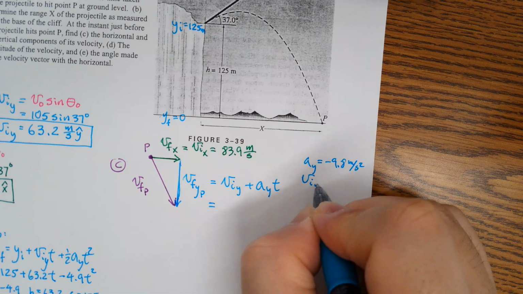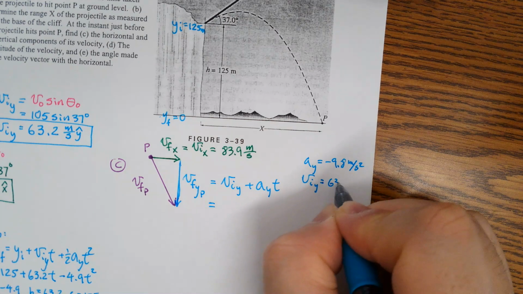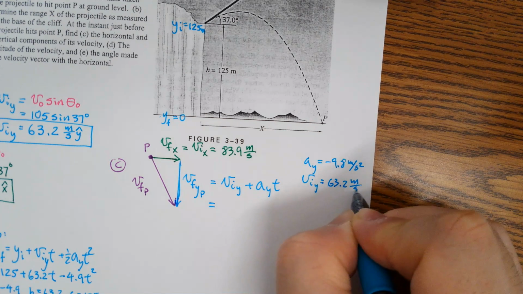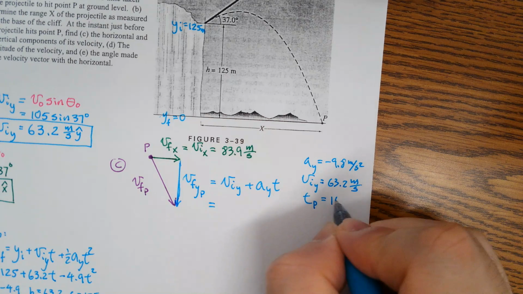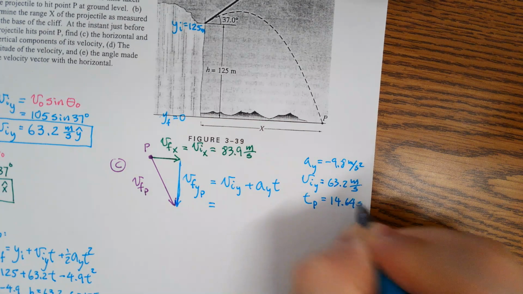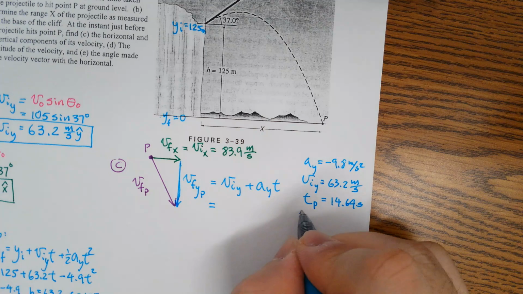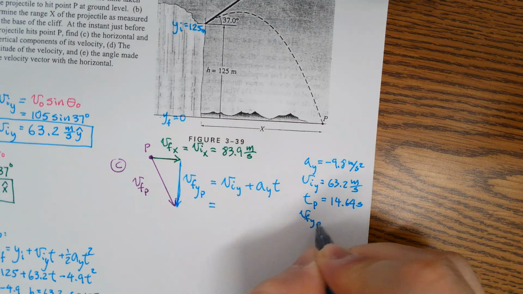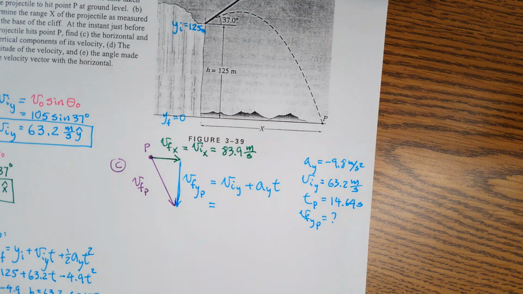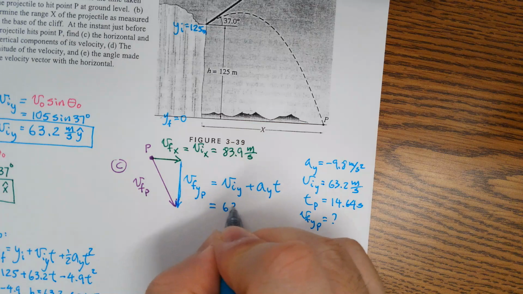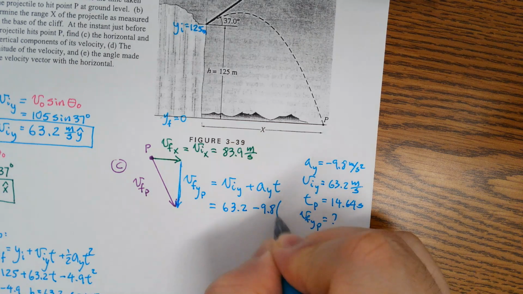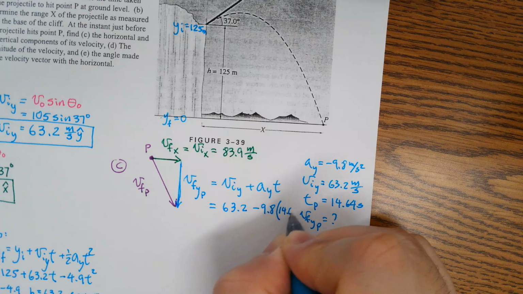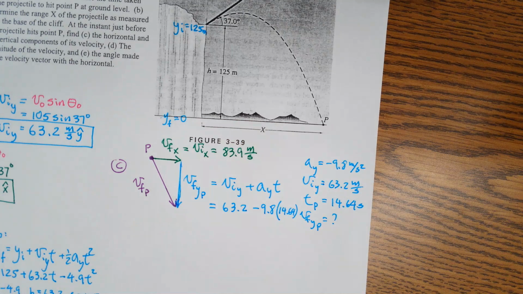We know VIY, which is 63.2 meters per second. We know t at point P is t total, which is 14.64 seconds. I'm looking for VFY at point P. So here, 63.2 minus 9.8 times 14.64 seconds.